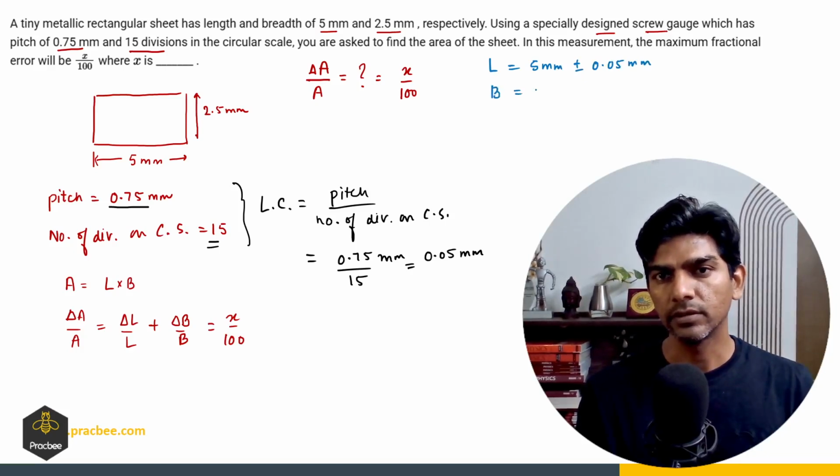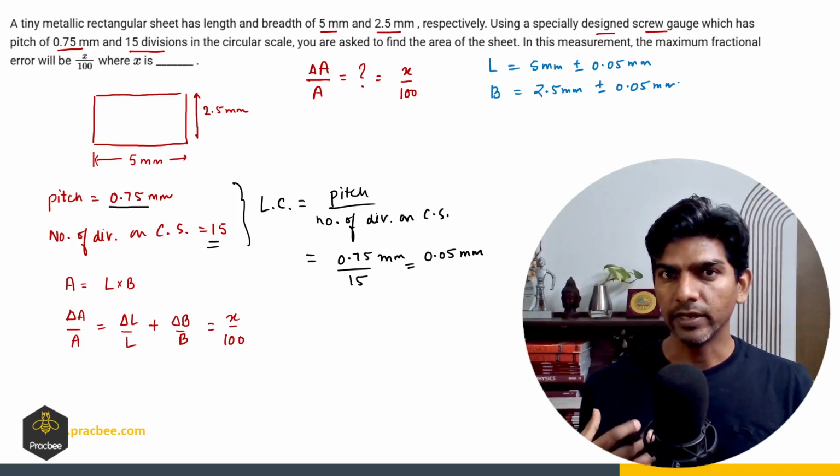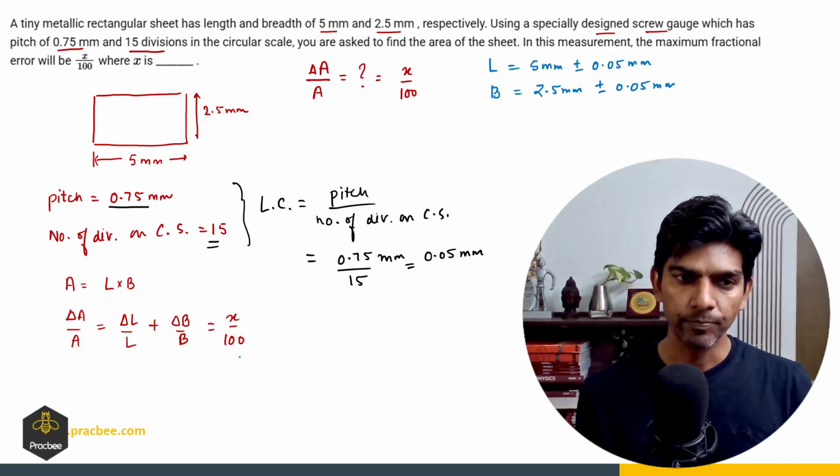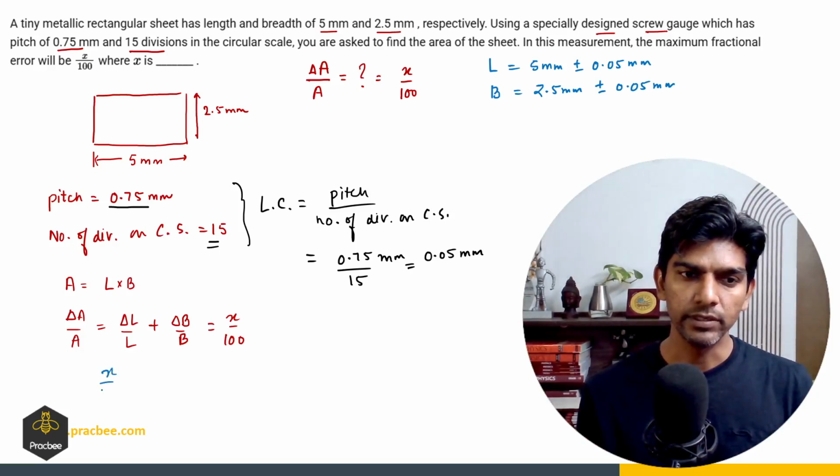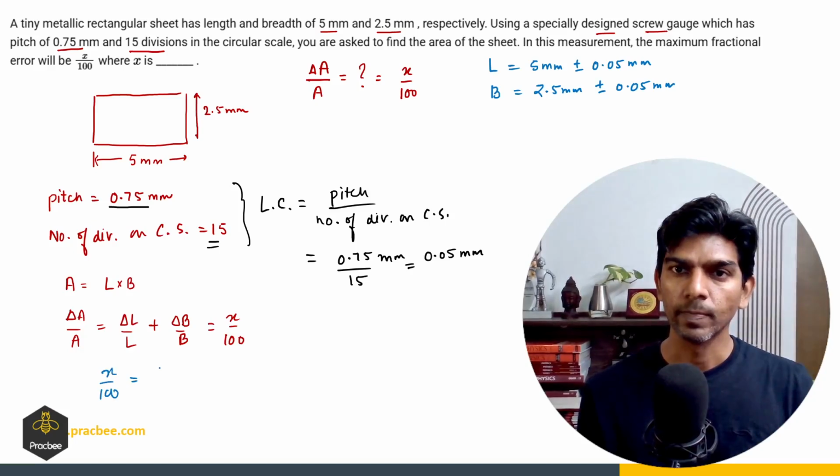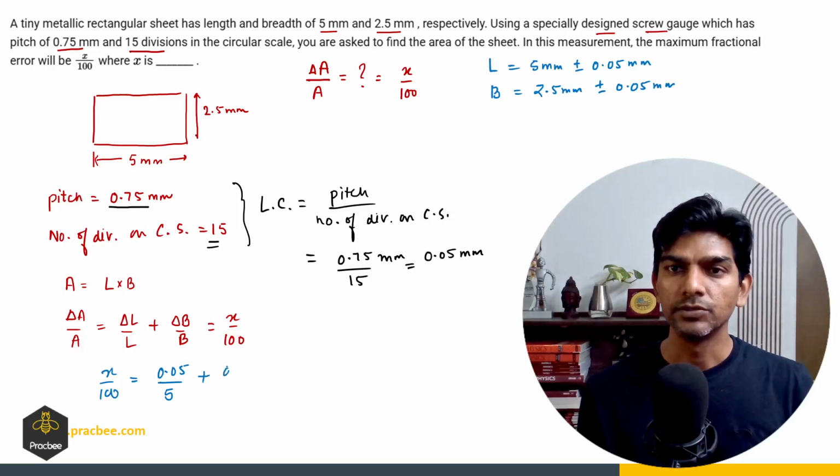Similarly, breadth as 2.5 millimeter plus minus 0.05 millimeter. From this data we can find the relative error in length and breadth. So x by 100 can be written as 0.05 divided by 5 plus 0.05 divided by 2.5.